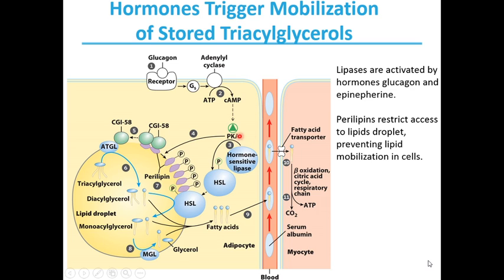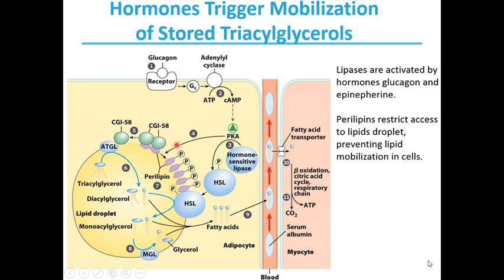In this case, protein kinase A phosphorylates two proteins. One of them is a hormone-sensitive lipase, or HSL. The second protein is called perilipin. Perilipin is found in adipocytes bound to another protein called CGI58.